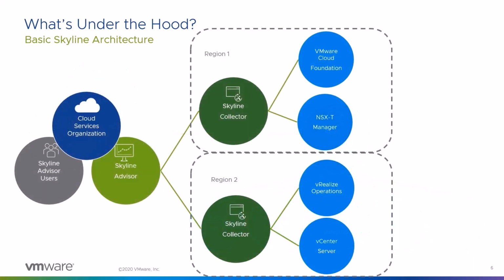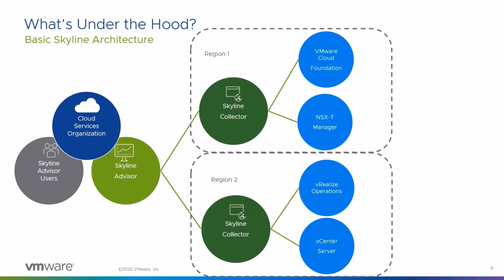So say, for example, you have geographically dispersed data centers, right? One in California and one in New York, and you have VMware products and services in each of those locations. Since the collector's primary purpose is to send data, you wouldn't want to deploy a collector in California that's collecting data from a vCenter in New York.